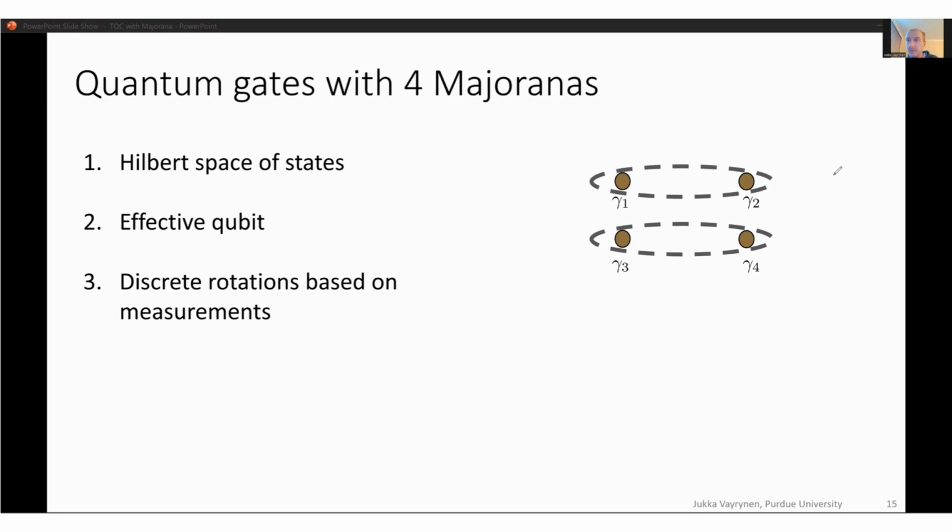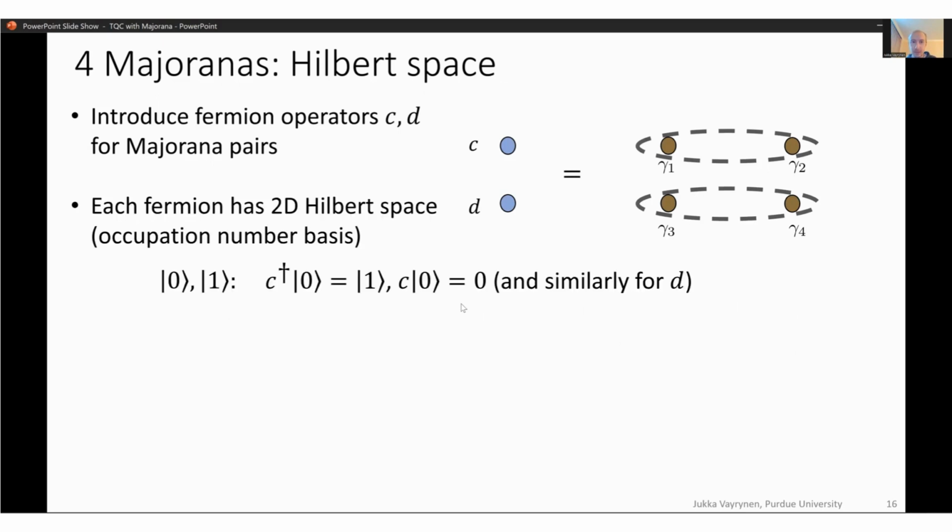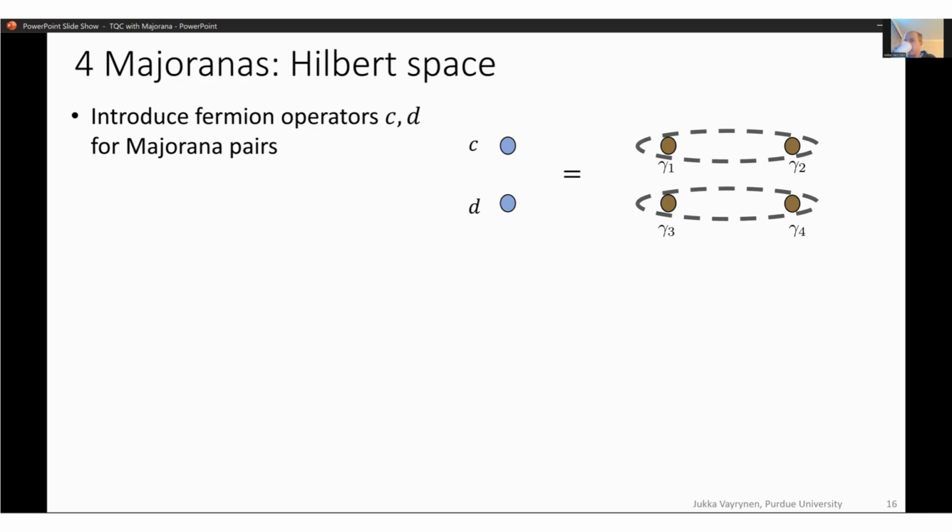Okay, so as before, I can introduce fermion operators for these Majoranas. Explicitly written, this C, for example, is 1/2 (gamma 1 plus i gamma 2), and D defined similarly.